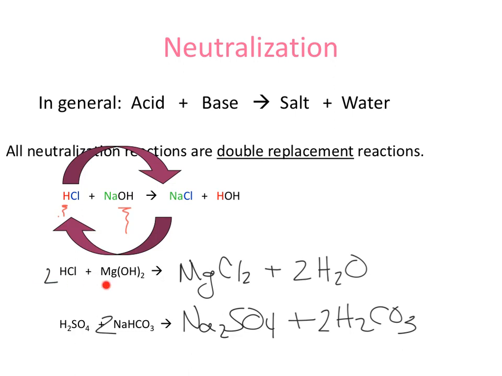If it was something like this, we would need 2 moles of HCl for 1 mole of magnesium hydroxide. And so it's all calculations that we've done before. We're just looking at them in a slightly different way. And when you do the titration lab, that will also look at the same concept, the math of neutralization. So enjoy!